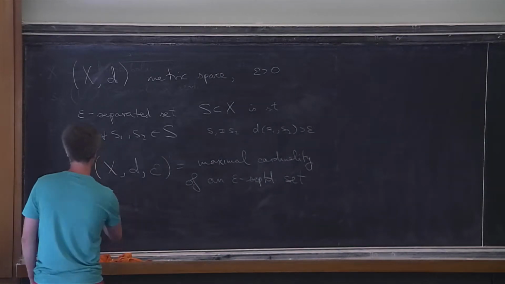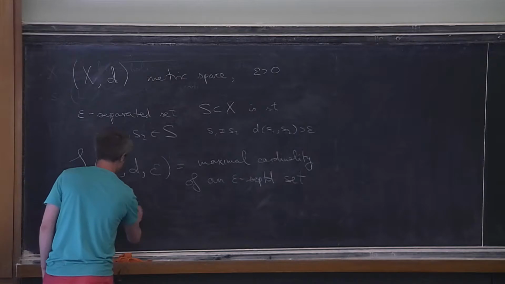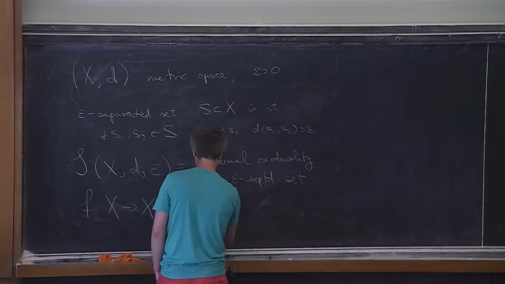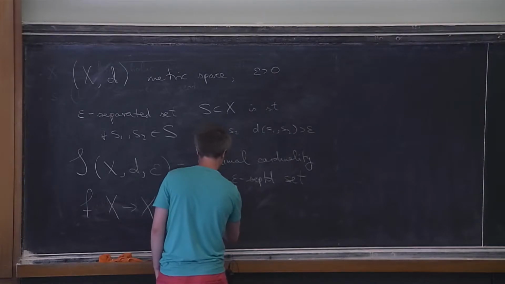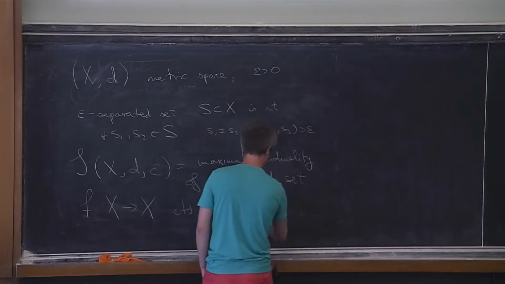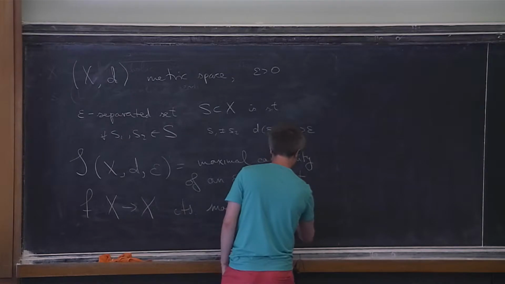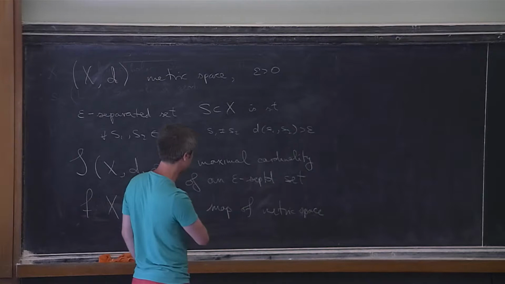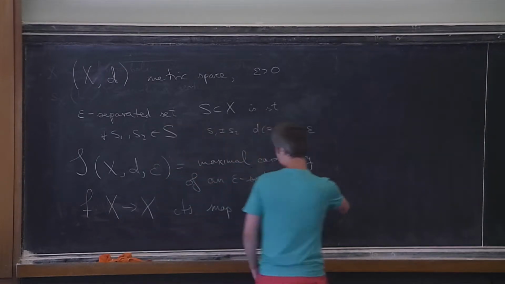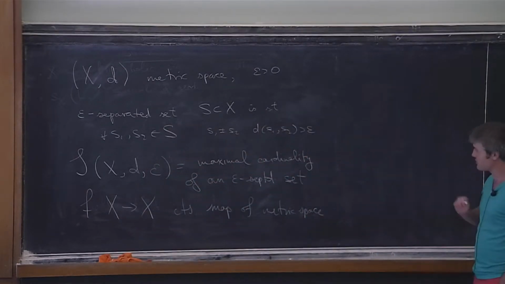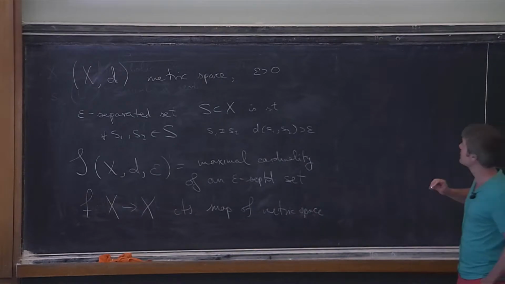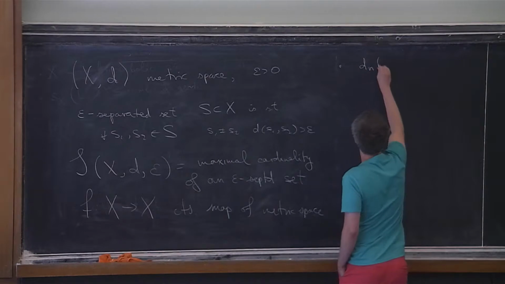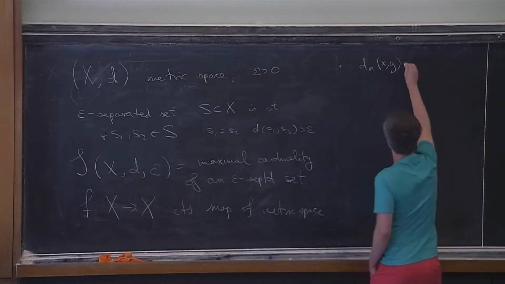And now suppose that you have f from X to X, a continuous self-map of a metric space. Maybe you want to assume compact, although I guess for the definition it's not necessary, and maybe also separable or some countable basis. The first thing is you define a new metric, which involves now the dynamics.